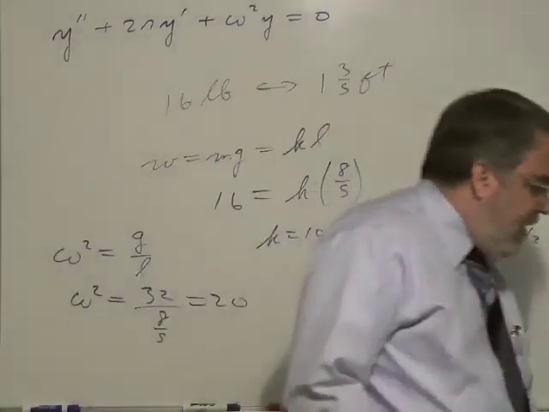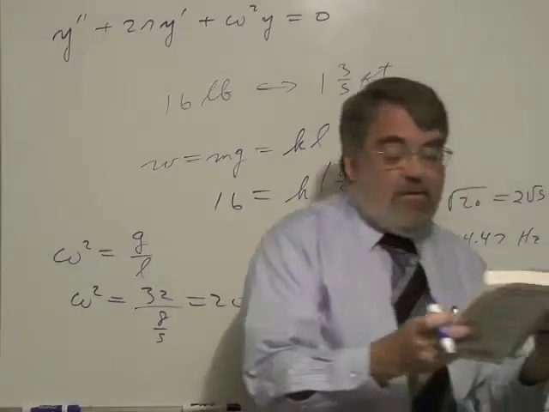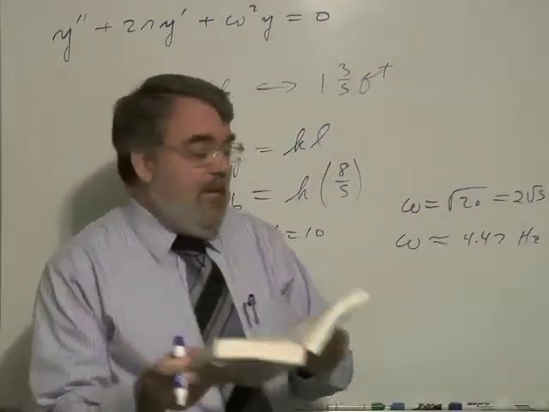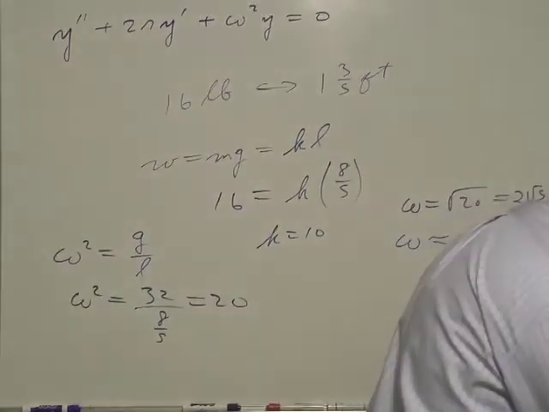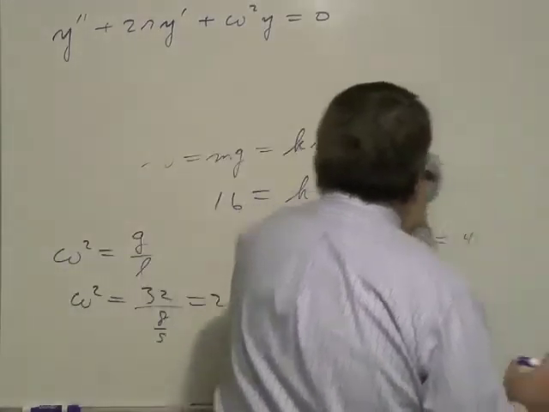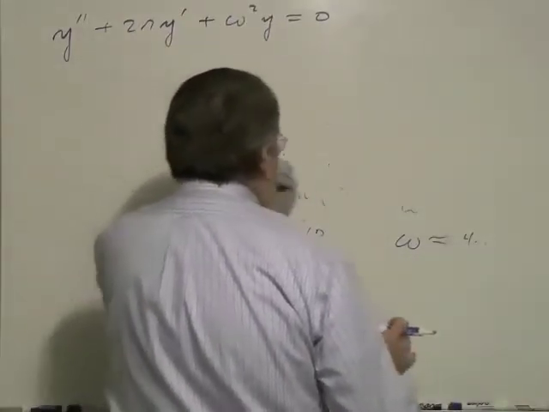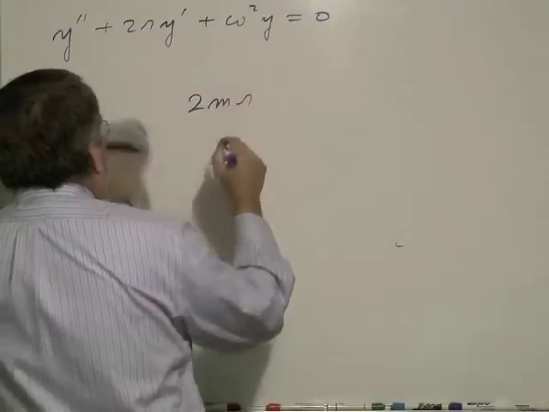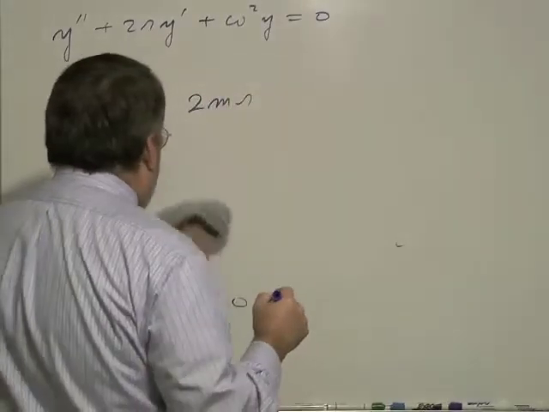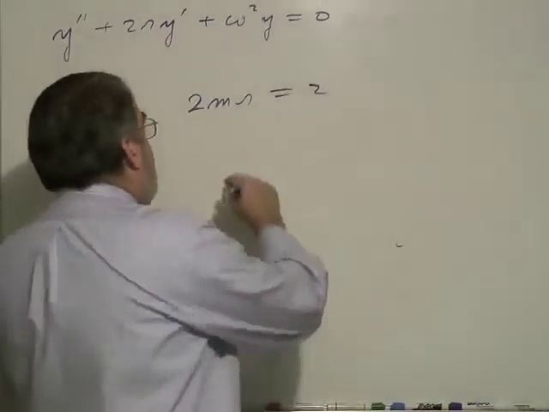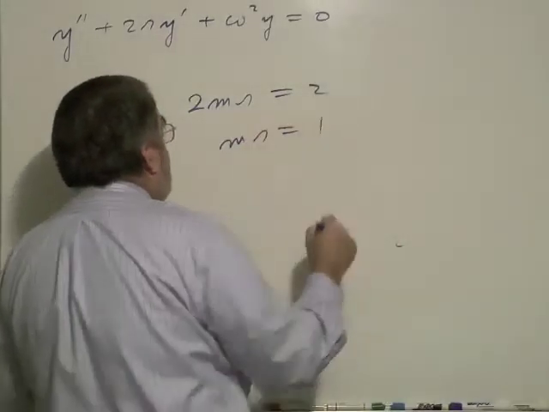Now the next part is that the coefficient of resistance of the spring is equal to 2. The coefficient of resistance is 2 times mass times R, and it's given as 2, which means mR is equal to 1.